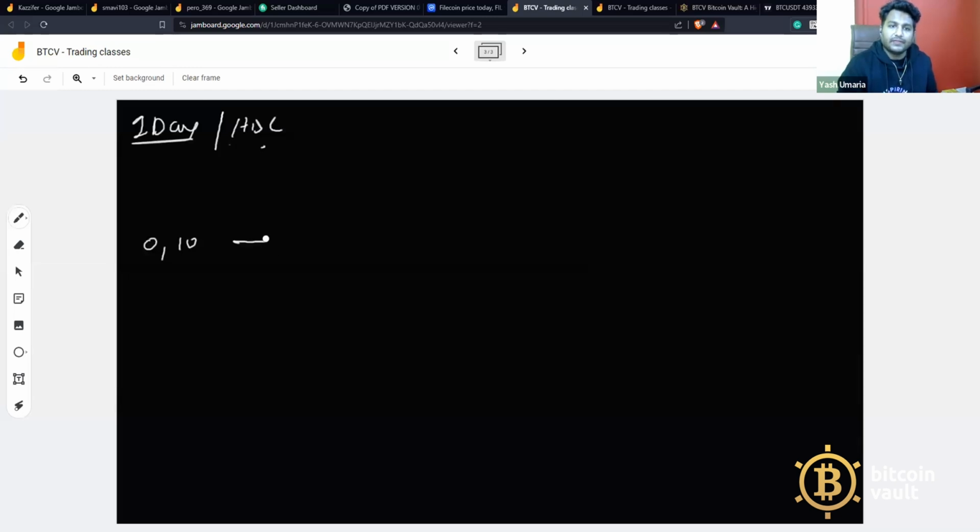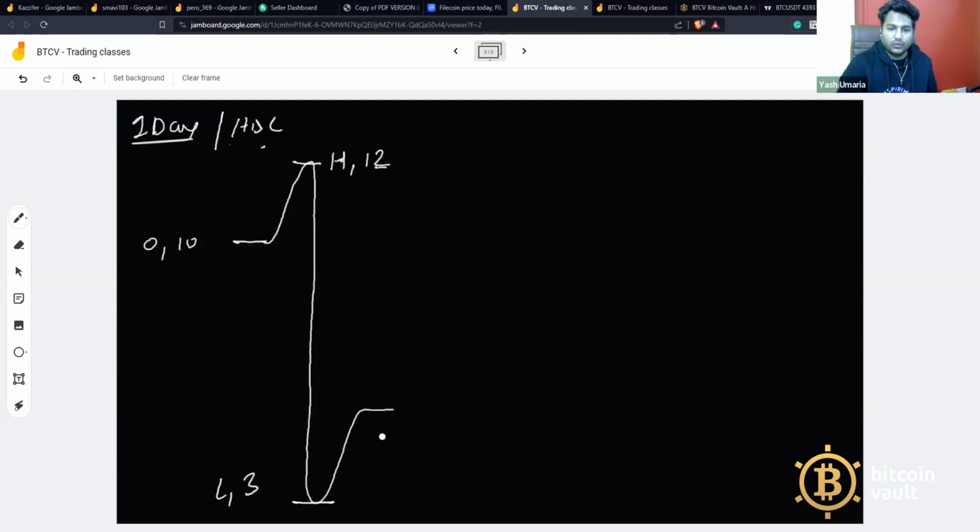Then it moved up, creates a high, then goes down, creates a low, and then it closes somewhere. So the high is around 12 USD. The low is around, let's say, 3 USD, and it closes the day around 5 USD. Now, what if I want to put the same data again on the same candlestick?